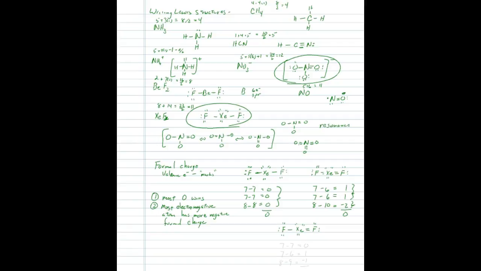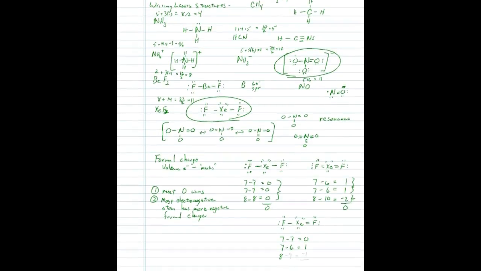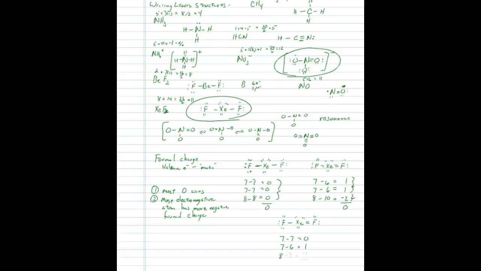If we did this one, this is 7, 7, and 8. 1, 2, 3, 4, 5, 6, 7 on the left fluorine. This is 6 on the right beforehand, which is 1. And this is going to be 1, 2, 3, 4, 5, 6, 7, 8, 9, which is -1. Better than the other case, but this is obviously not the one that works.